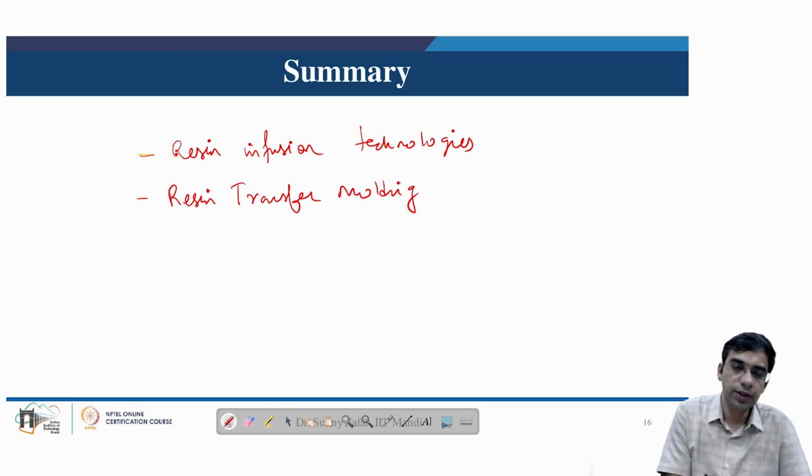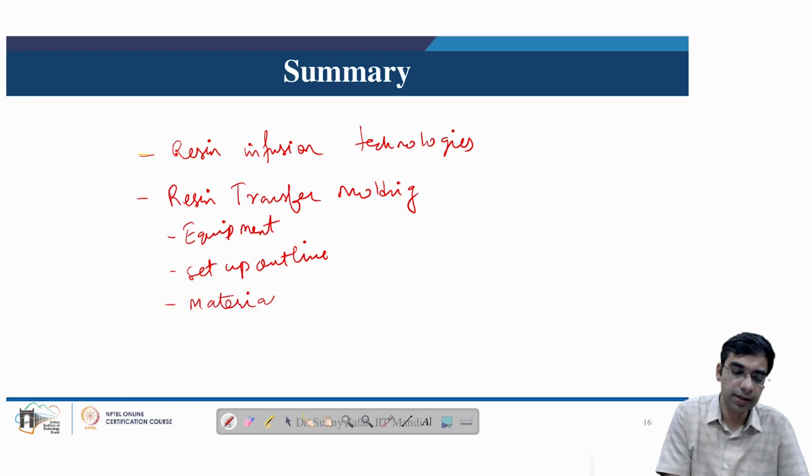In the resin transfer molding process, we have looked at the equipment which is used, the setup outline. We have looked at what materials are used in resin transfer molding. We have looked at various advantages and limitations of this process.